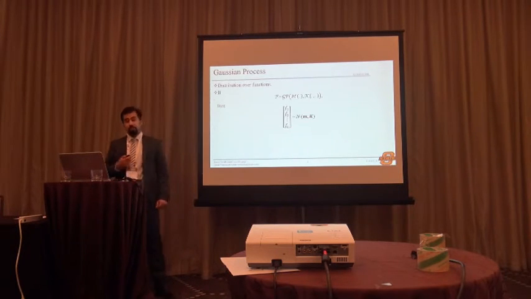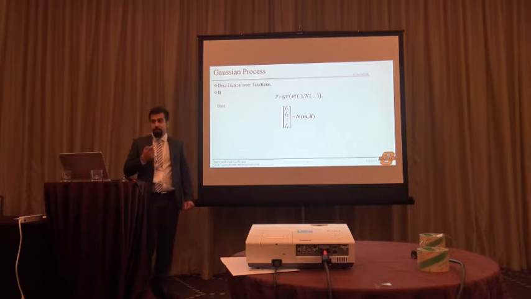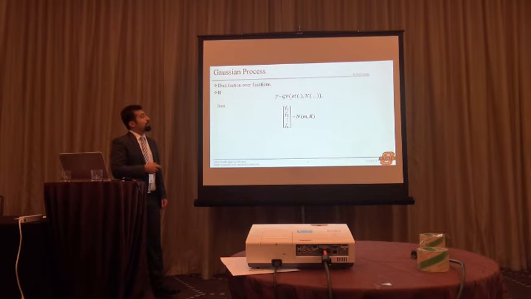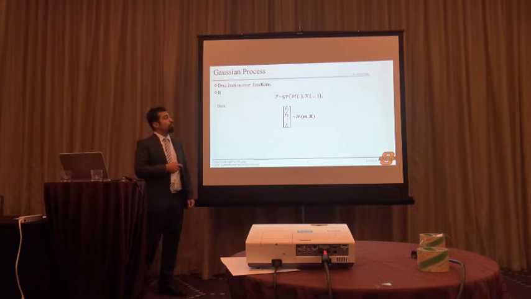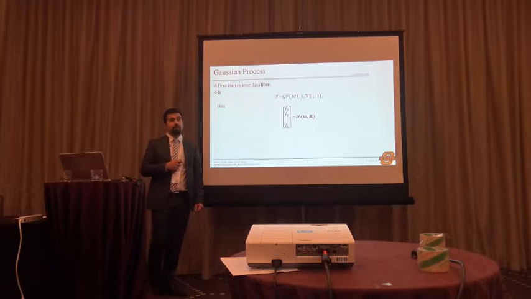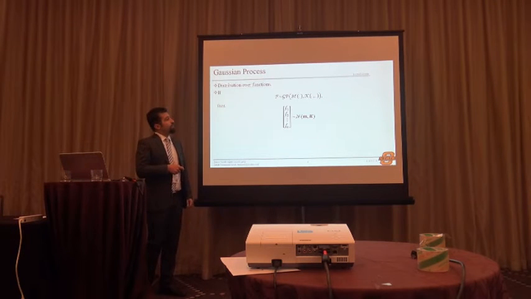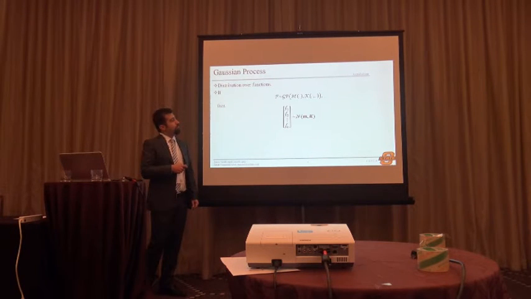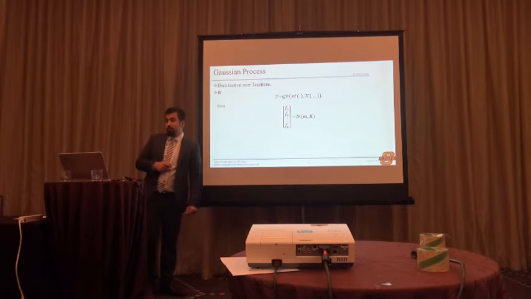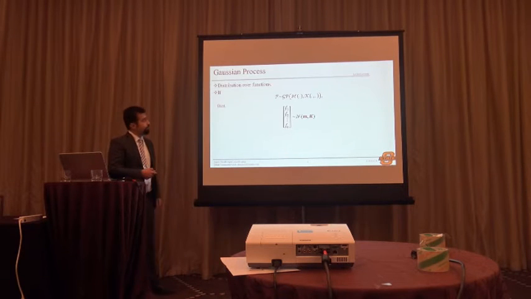So first, what is a Gaussian process? A Gaussian process is about putting distributions over functions. If a function f has a Gaussian process distribution with a mean function and a covariance function, then any finite subset of this vector of infinite elements has a joint normal distribution with a mean vector and a covariance matrix.